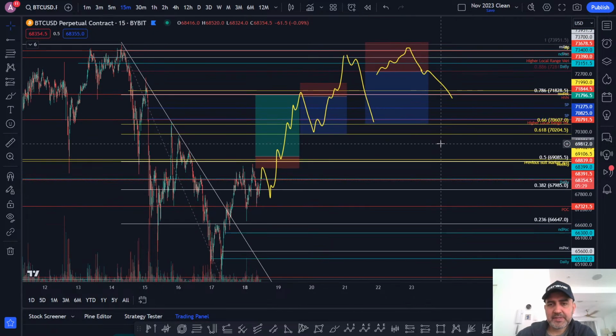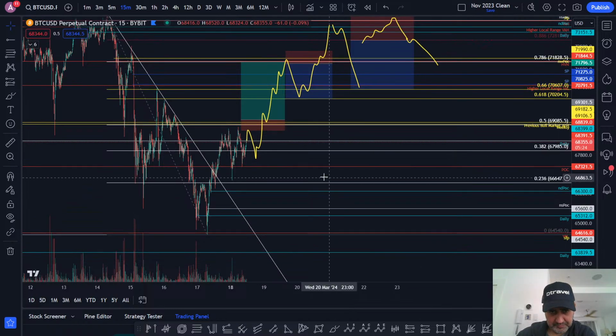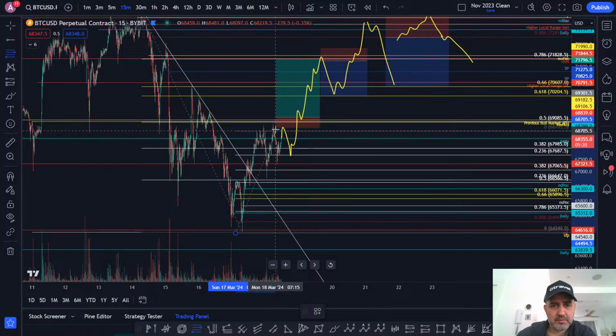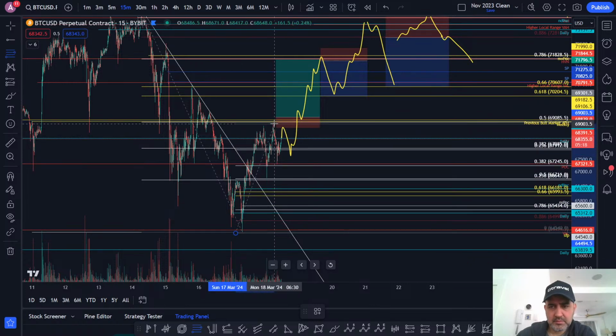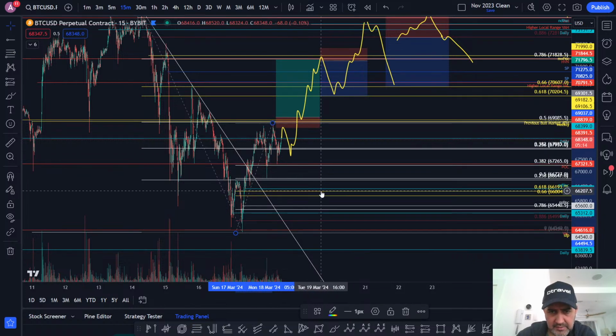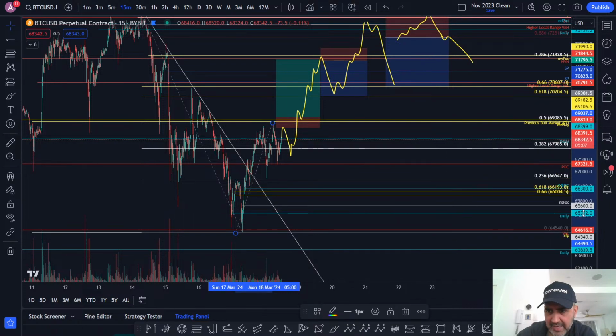That's if the price goes up. If the price starts to go down, then you have a pretty easy short long if there's a reaction at this.